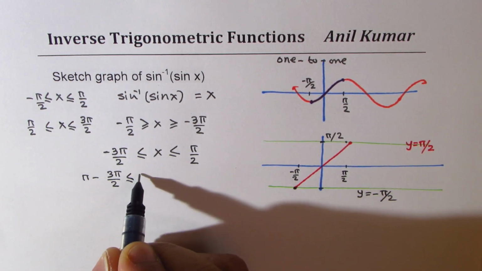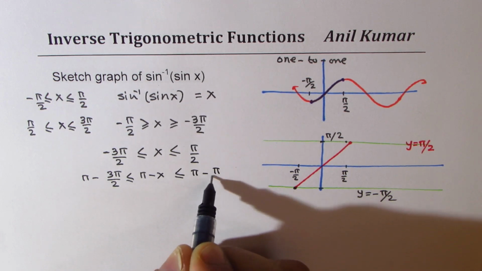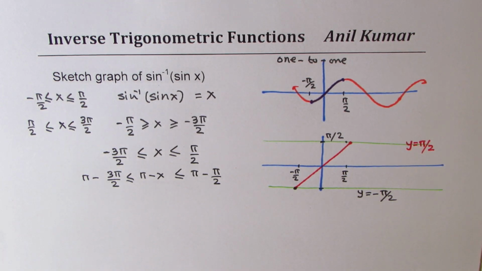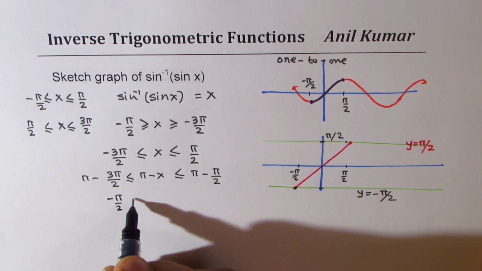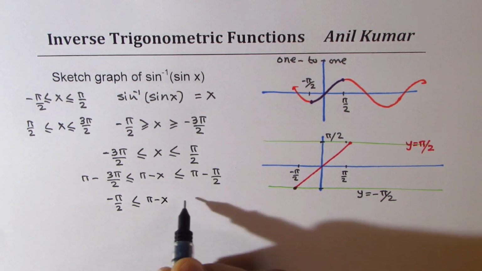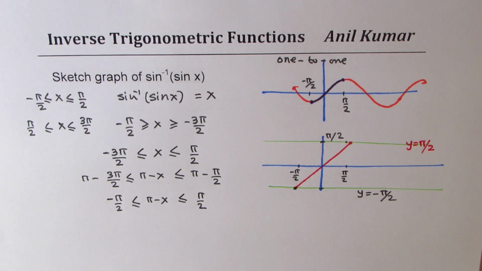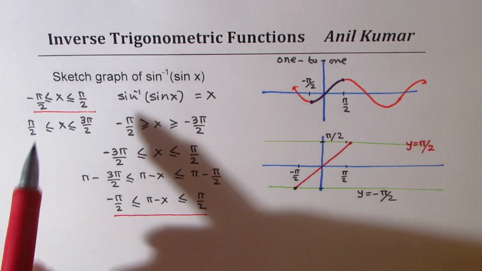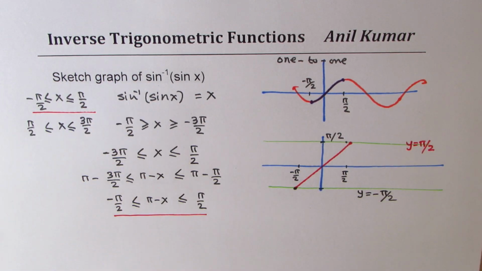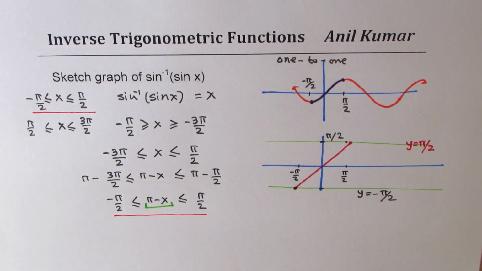In that case, x becomes pi minus x, and here we get pi minus pi by 2, correct? Now pi minus 3 pi by 2 is minus pi by 2, and in between we get pi minus x is less than pi by 2. Now with this small change, you notice that we have again got back to the minus pi by 2 interval, correct? But the angle theta has changed to pi minus x.